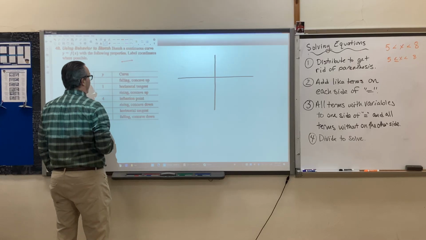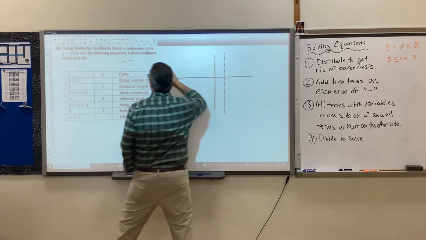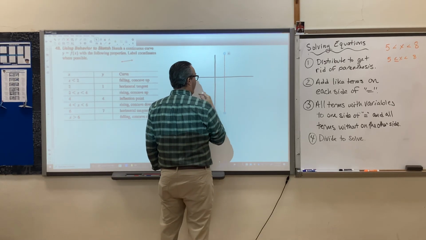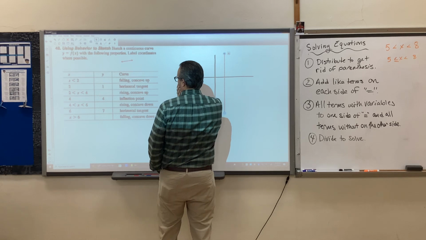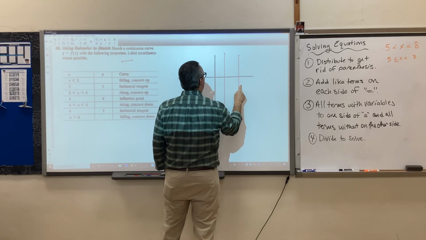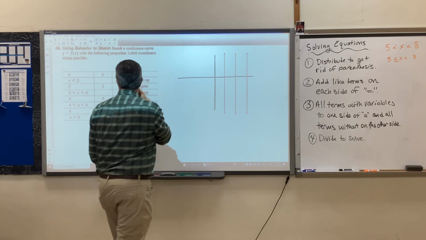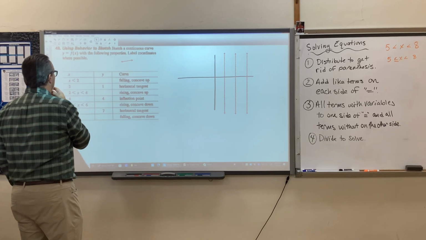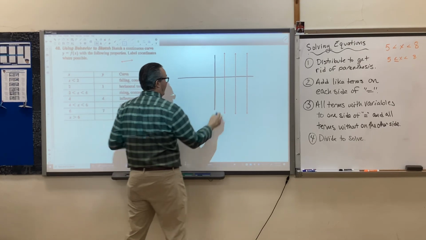All we have to do is graph it. At 2 is a horizontal tangent. Up to 2 is falling and concave up.